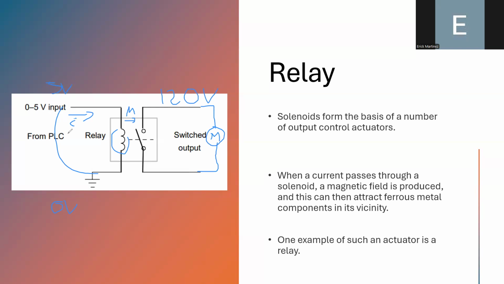So the interesting part is that you can have a low power system in this region and control a high power system. But these two systems are separated because they are not physically connected.